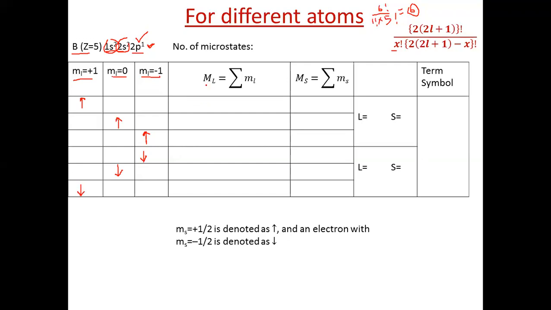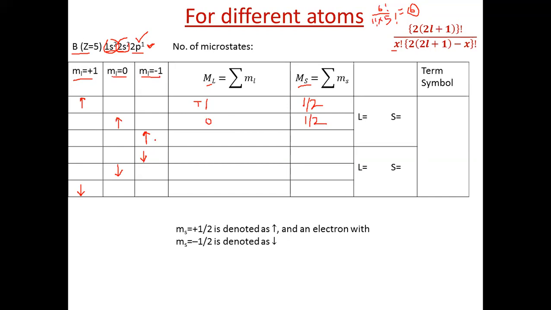Now let us calculate ml and ms for this system. Now it is 1 electron, 1 multiplied by 1 is 1. So ml is 1. ms, it is 1 electron, its ms is half. Now for this, ml is 0. Again, it is with positive sign, so ms can have only positive value.